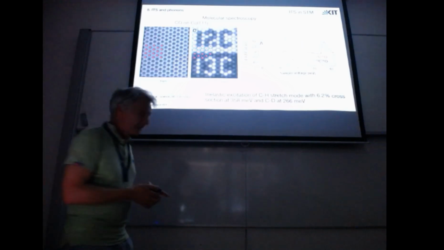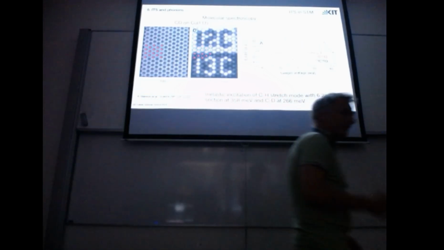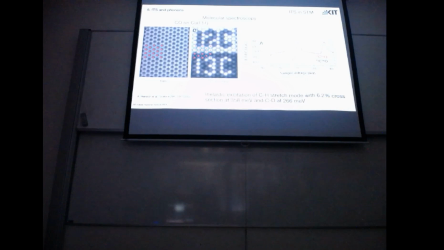And one even more impressive work comes from the IBM group, Heinrich. He took CO on copper 111 and made an example lattice here. And they identified the CO. The difference is whether it's 12 carbon or 13 carbon, and this is the second derivative of the tunneling current.